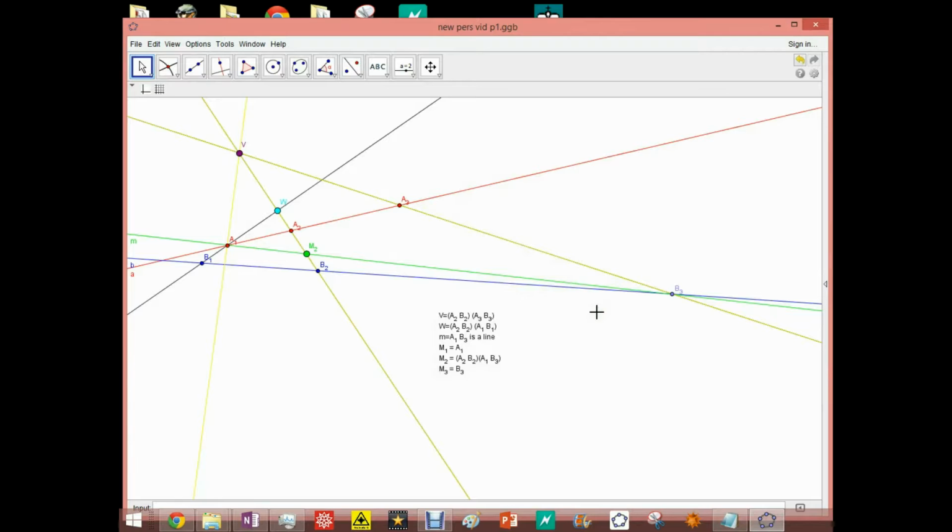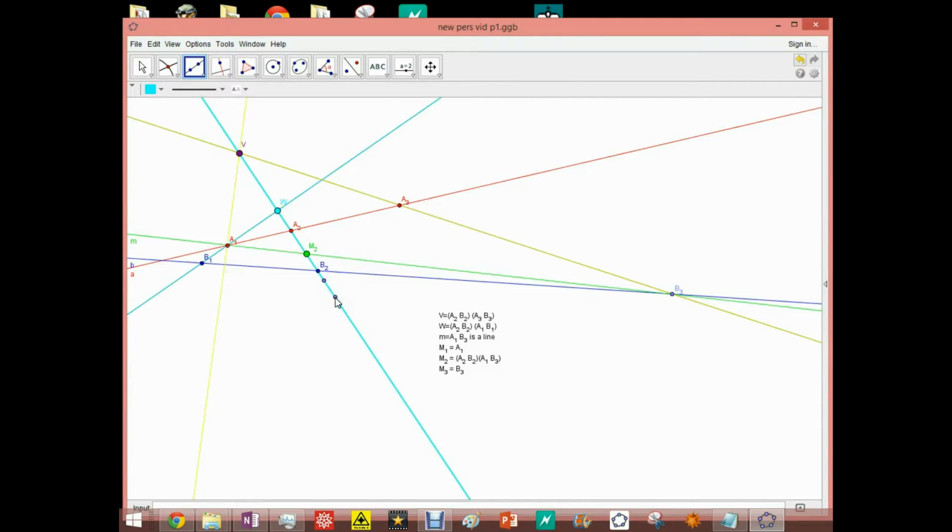So now, just to complete the process, what we want to do is another perspective from W, using W as our origin of perspective to send this green line onto this blue line. When we do the perspective of M2, it's going to get sent to B2 because it lies upon that line.